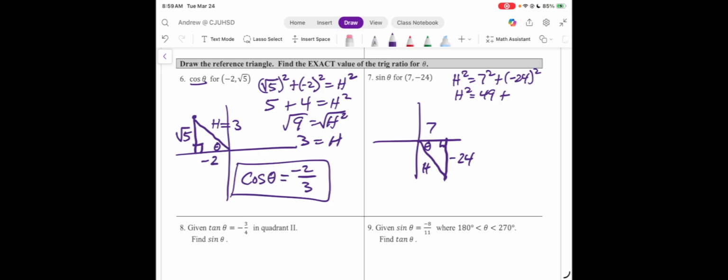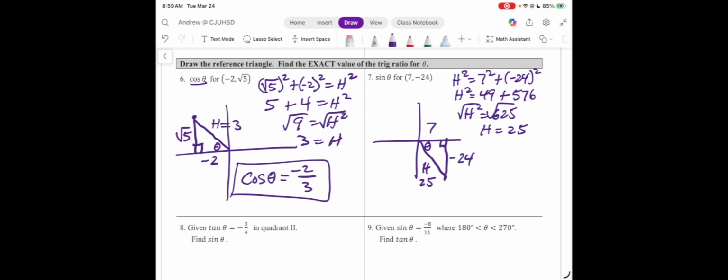It is 576. And then I add 49 onto that. I get 625. And that's a perfect square. H is 25. So 7, 24, 25 is a Pythagorean triple.